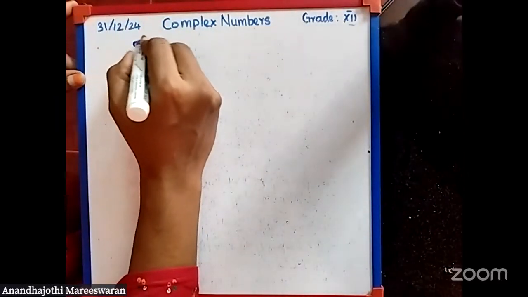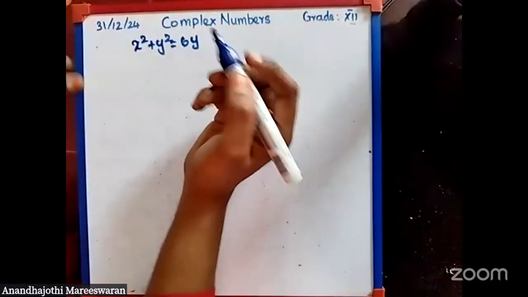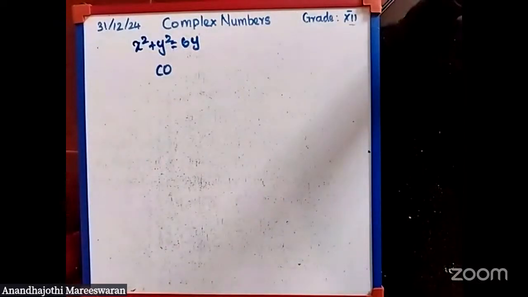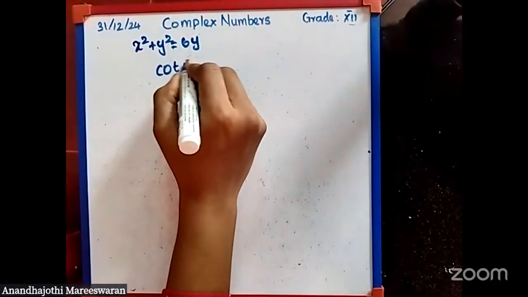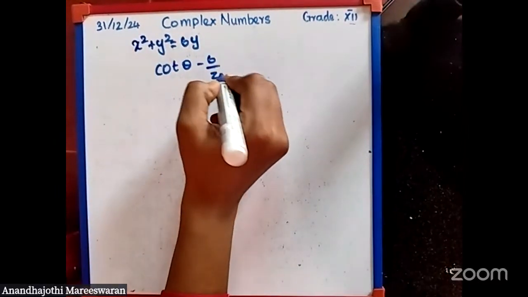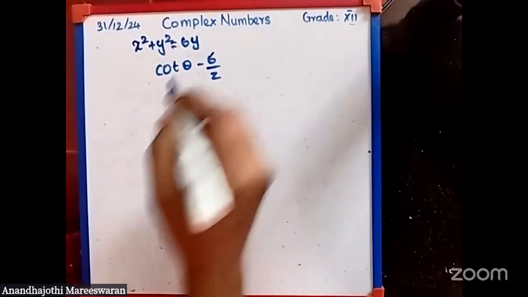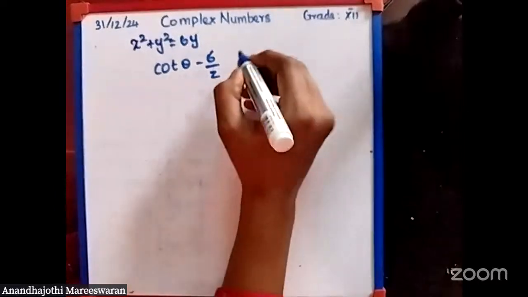So what we get, x squared plus y squared equals 6y, right? So what we are given in the question, we have what we are going to prove here. We are going to prove that cot theta minus 6 by z equals I. So for that I am going to take just cot theta minus 6 by z, right?